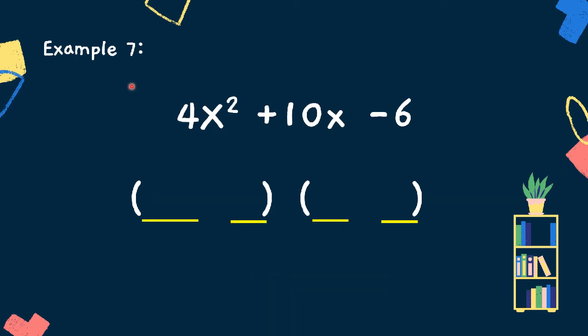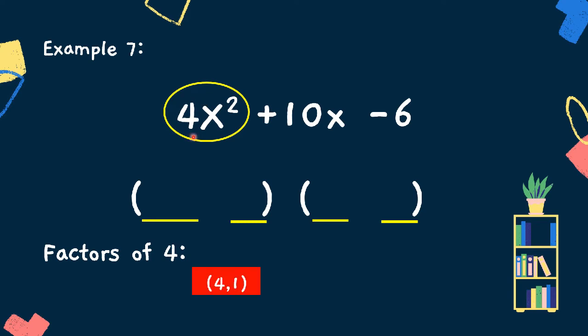So let's have example number 7. Still, we have a leading coefficient which is greater than 1. We will identify the factors of 4, since this is the leading coefficient.